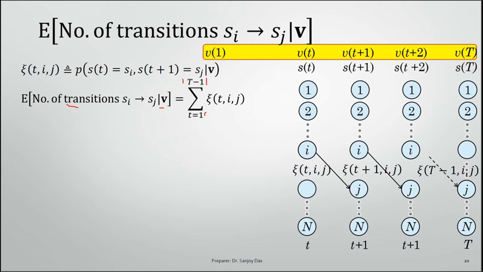Because zeta for uppercase T cannot be defined because there is no next state T plus 1. And besides, we're looking at transitions. If I'm transitioning from state Si to Sj, and I'm here at time step t, then there must be a future t plus 1. So there won't be any transitions from the last time step uppercase T. That's why I have the summation from t equals 1 through T minus 1 here.